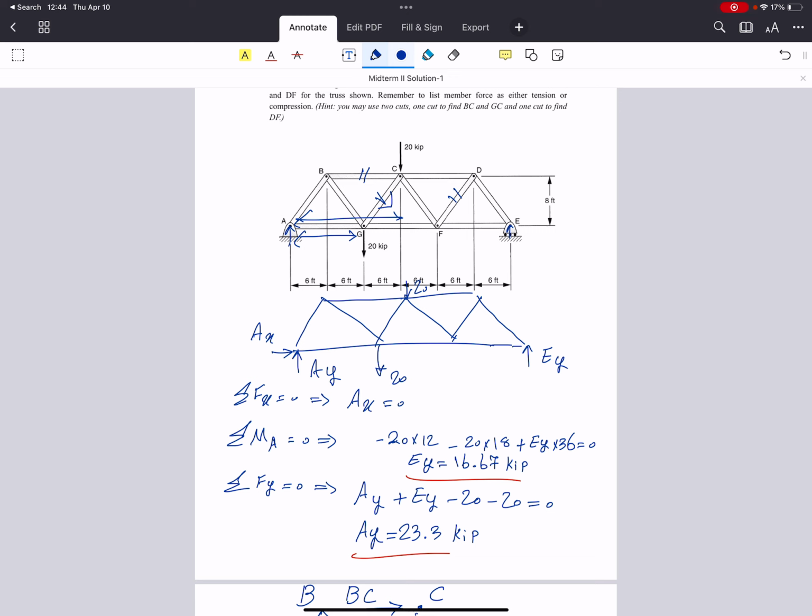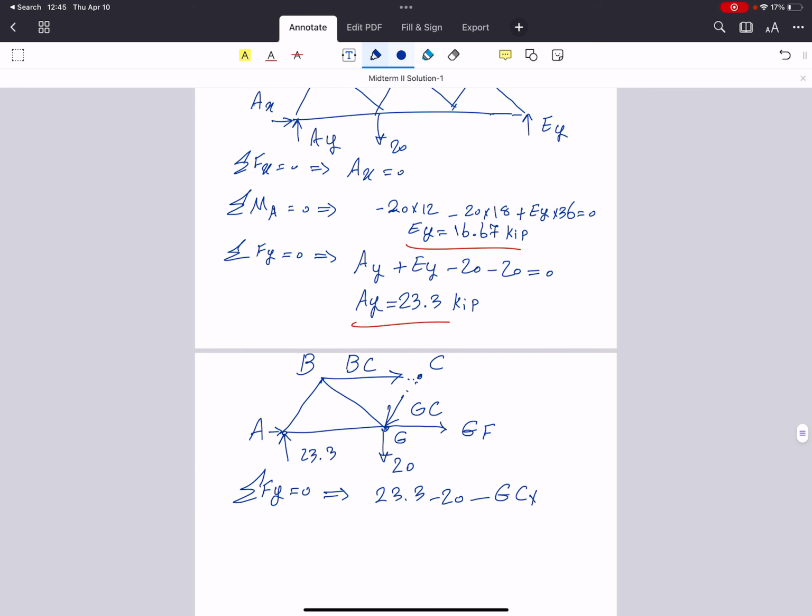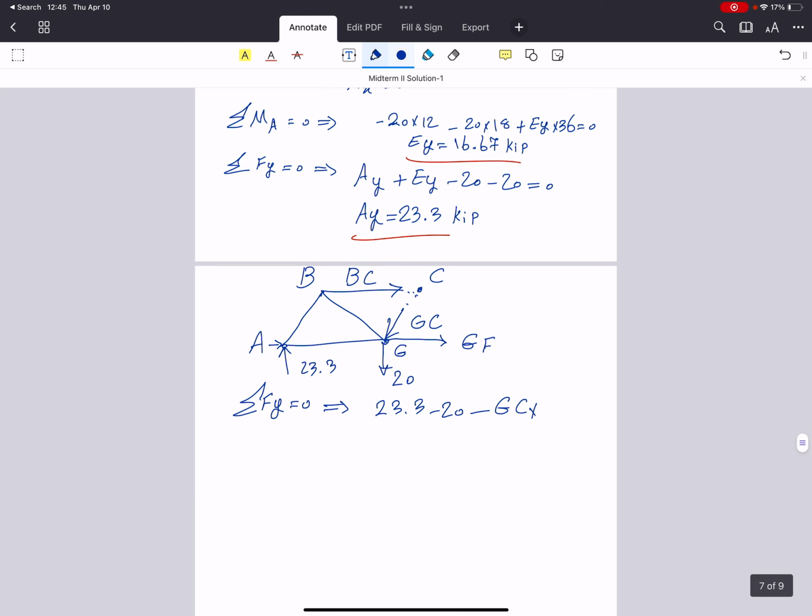So this is 6, this is 8, and then it's going to be 10, right? We need vertical, so 8 over 10 times GC equals 0. That's all the force I have.